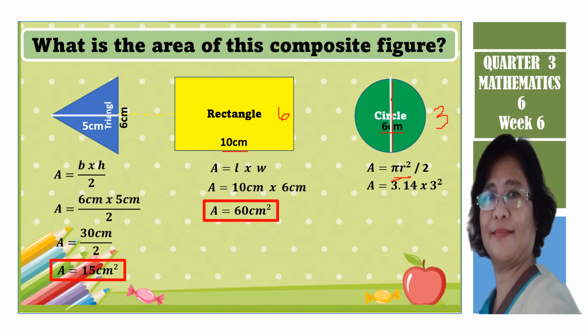What will you do first using the PEMDAS rule? So, exponent. What is the value of 3 to the second power? Value of 3 to the second power is 9. So, that's why we have area is equals to 3.14 times 9.